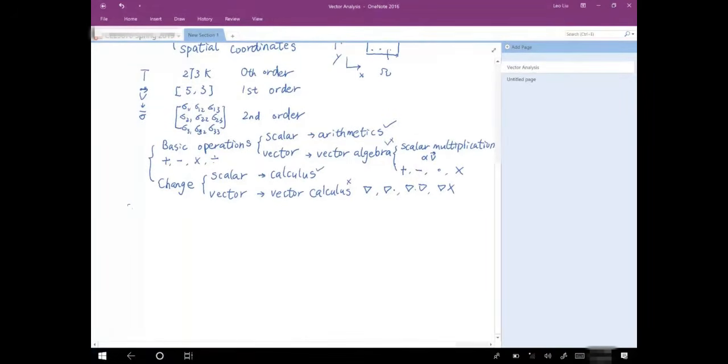So first, let's talk about vector algebra. Again, this is about the basic operations of vectors.